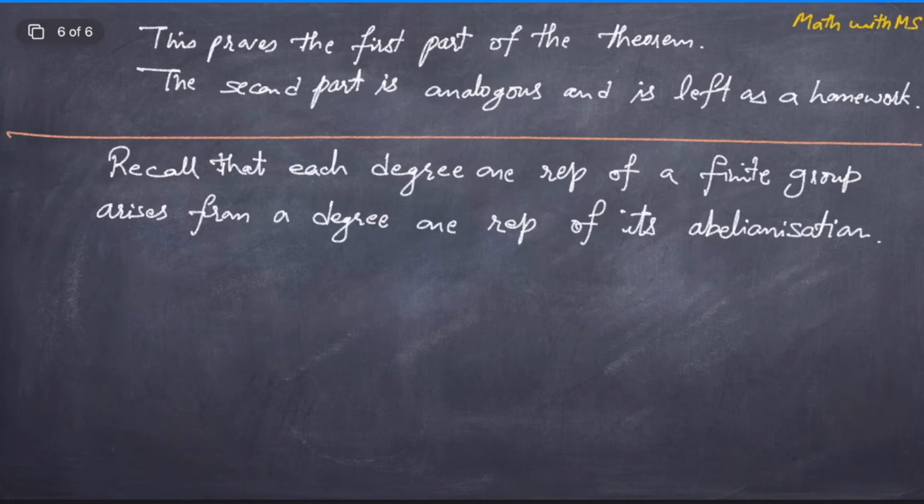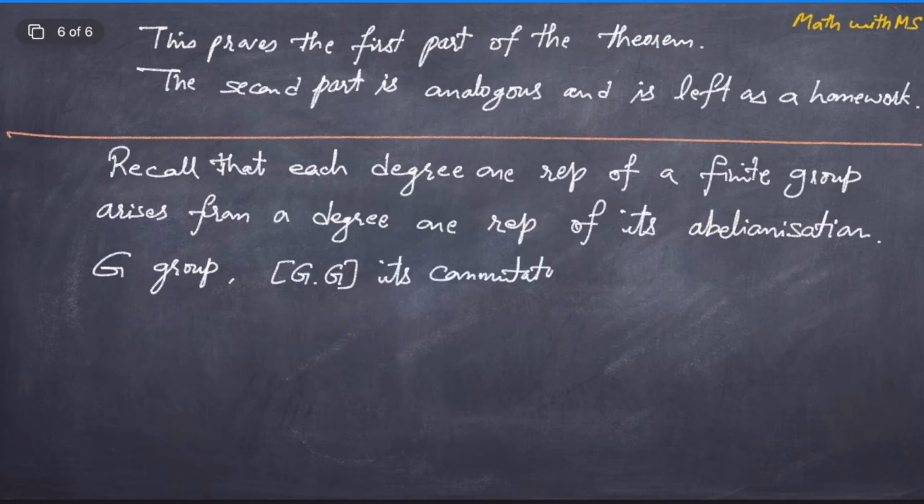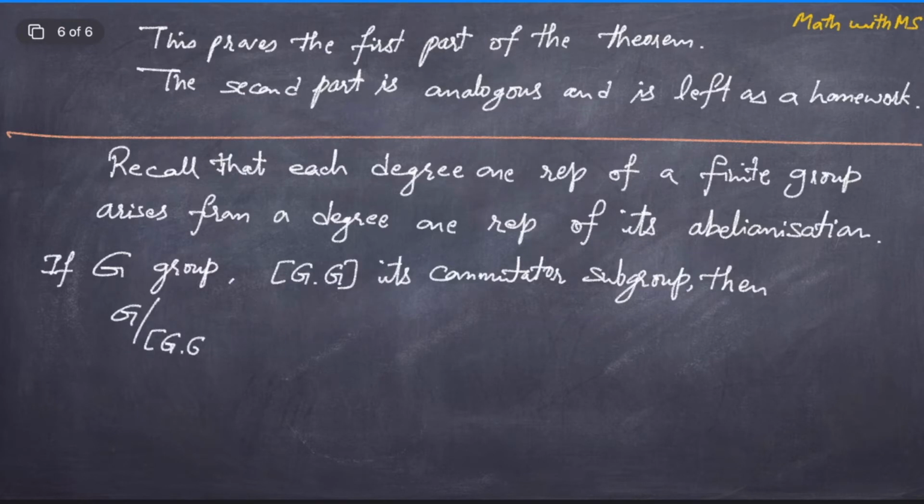What is the abelianization of a group G? Given a group G, take its commutator subgroup [G,G]. Then G mod the commutator subgroup [G,G] is always abelian.